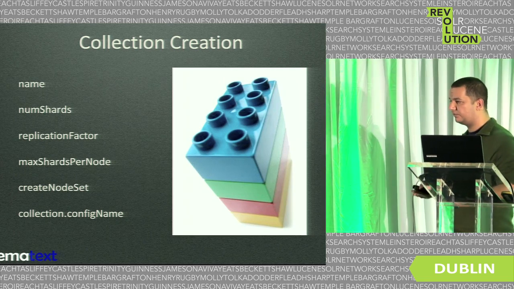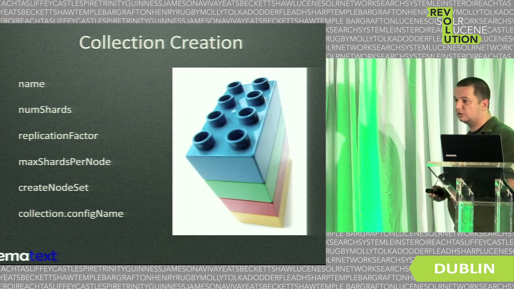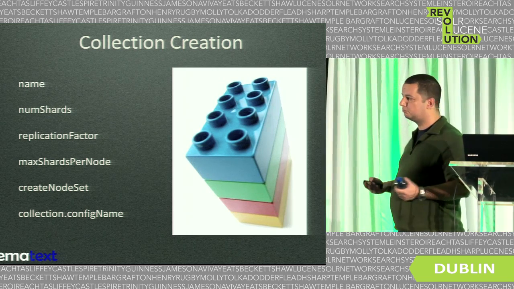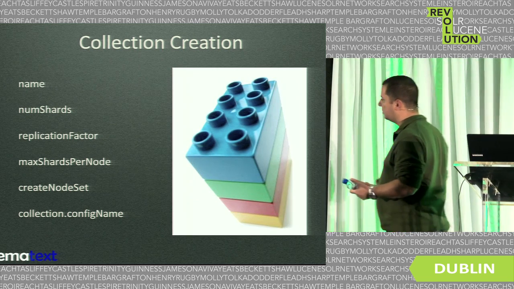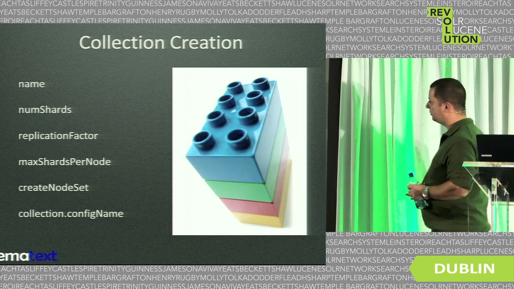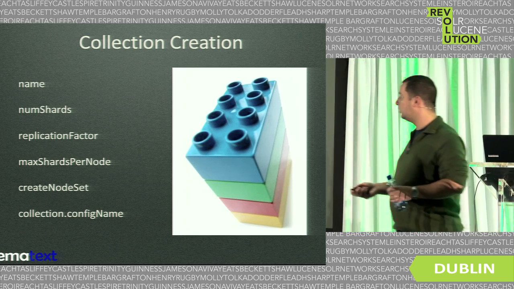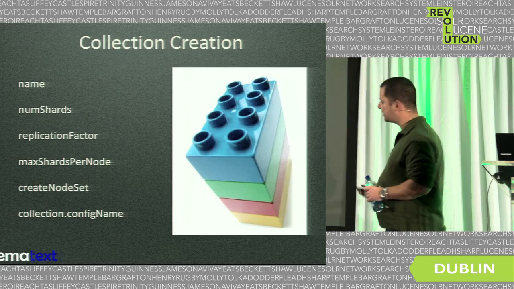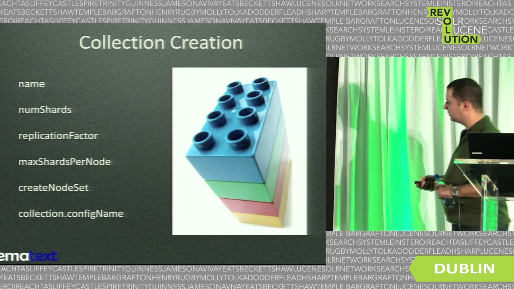That's usually enough, and that's usually good to have a single shard. However, you may have enough power on your machines to serve more shards, and then sometimes you would like to have more than a single shard per node, that's where you can specify how many shards should be placed.